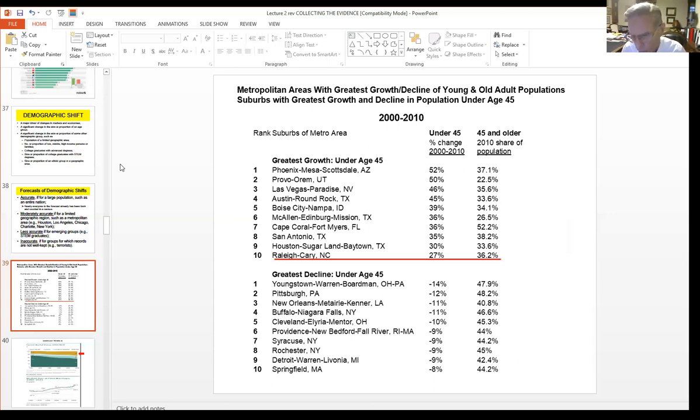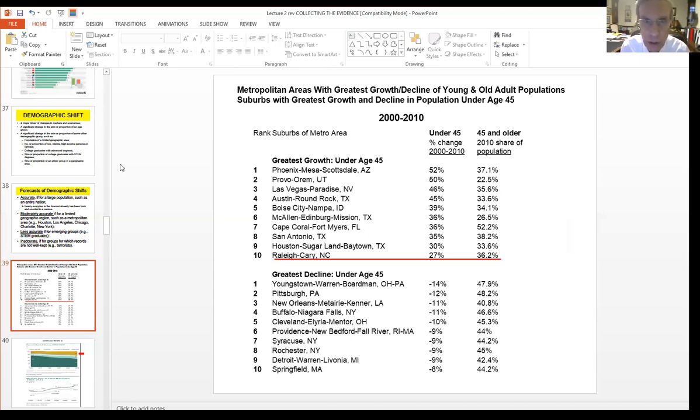On the other hand, what do we have in the, I don't know what you'd call it, the Rust Belt maybe, and we see much higher proportions of population over 45. Essentially, in those areas, if you're over 45, let's say you're 50 years old, you're looking forward to retirement, and you have a job.